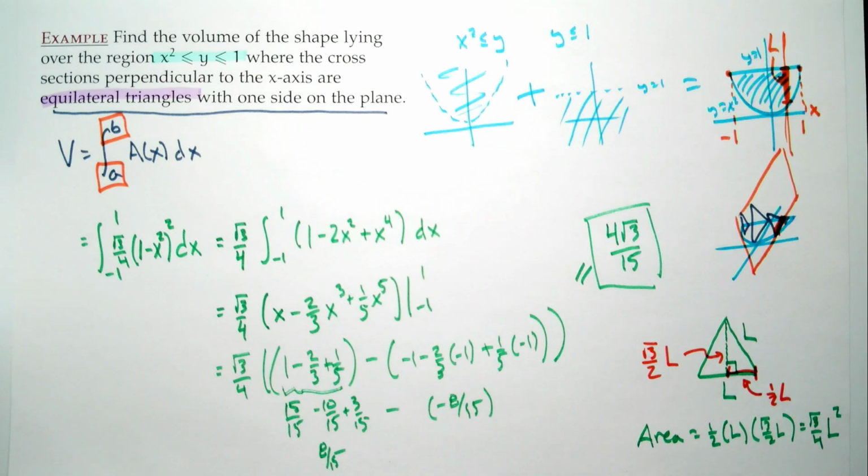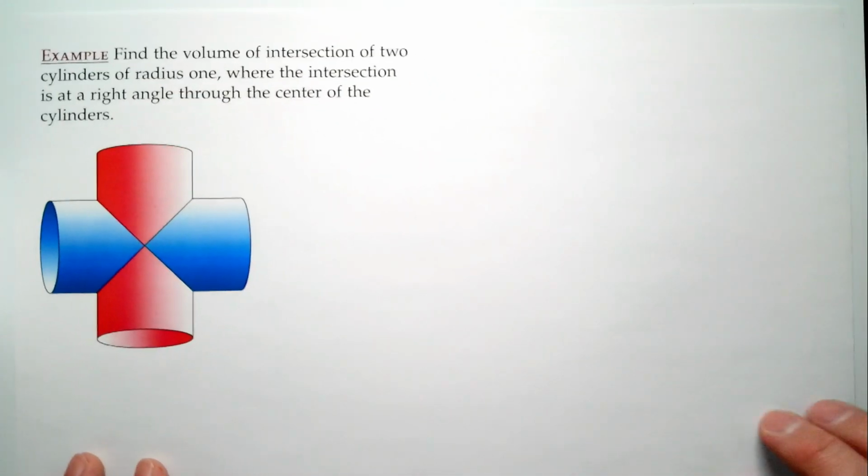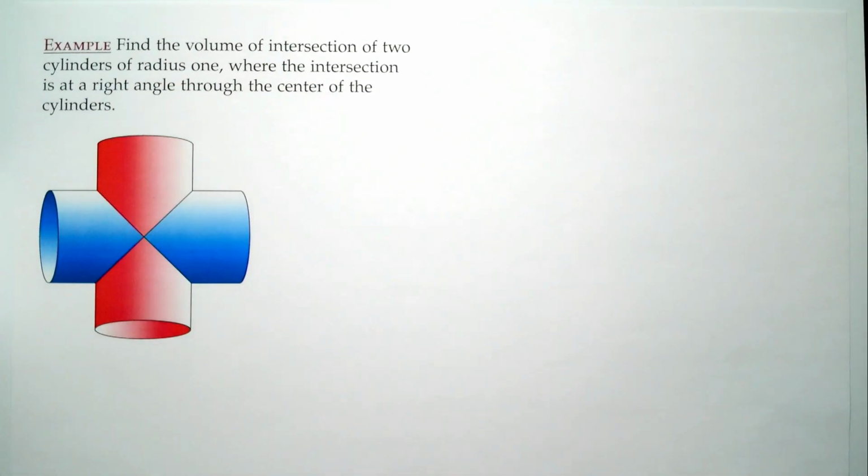Okay, well, let's do another one. Find the volume of intersection of two cylinders of radius 1. Now, where the intersection is a right angle through the center of the cylinders.